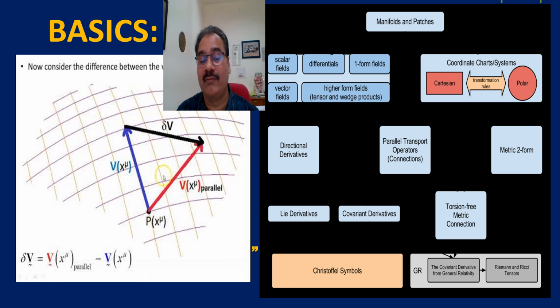Vector fields, higher forms of fields, tensors, and tensor products: you should know what a vector field is. Then in vector calculus you also know directional derivative, parallel transport operator, known as connection, metric tensor, torsion-free metric connections, covariant derivative, Lie derivative. This is also very important in other parts of mathematics, and then their application in general relativity and space science calculations, Christoffel symbols. These are all tools.